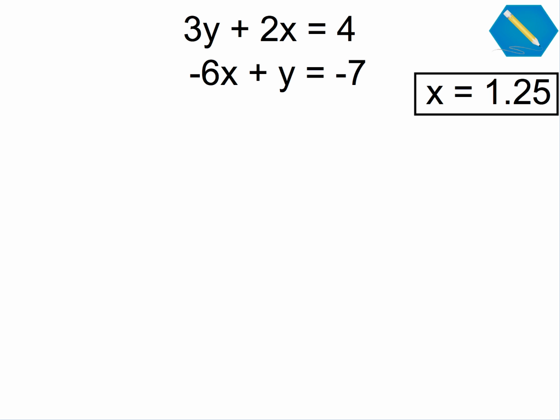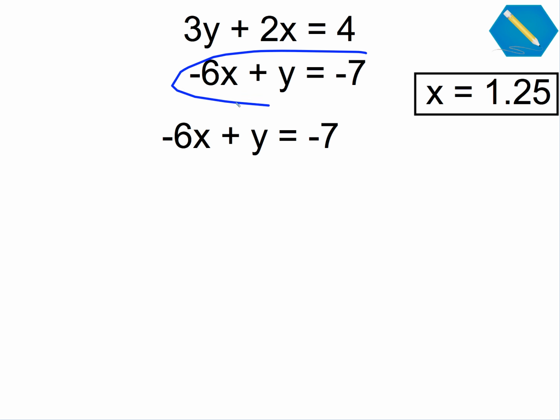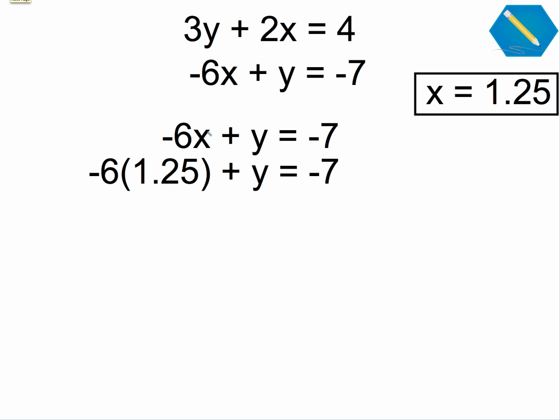Again, we're not done yet because I know x is 1.25, but I still need my value for y. Again, it doesn't matter which equation you choose. Go back to your two original equations. I chose the second one, negative 6x plus y equals negative 7. And I just plugged in 1.25 in place of x. Everything else stayed the same.